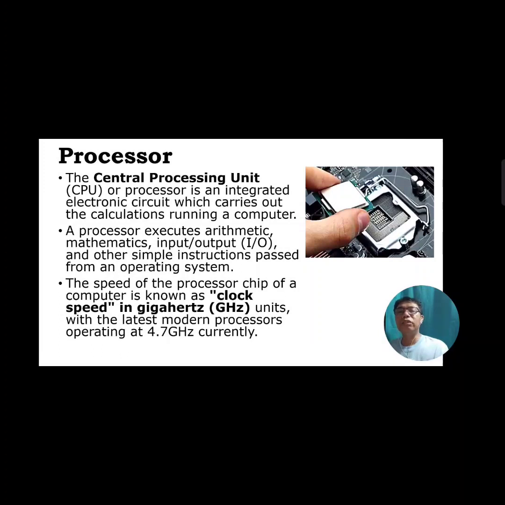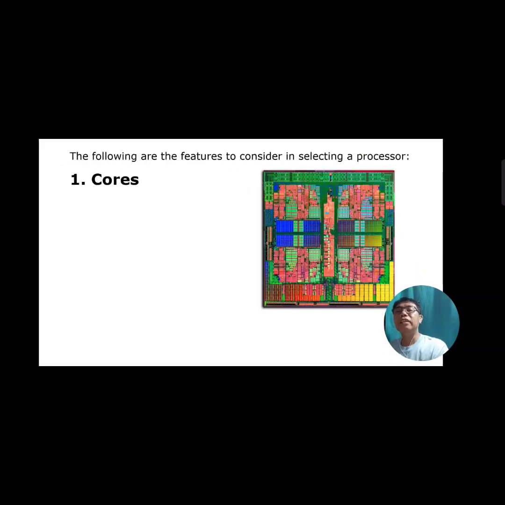Take note, the unit of the clock speed for the central processing unit is gigahertz, with the latest modern processor operating at 4.7 gigahertz currently. Meaning to say, a lot of data.